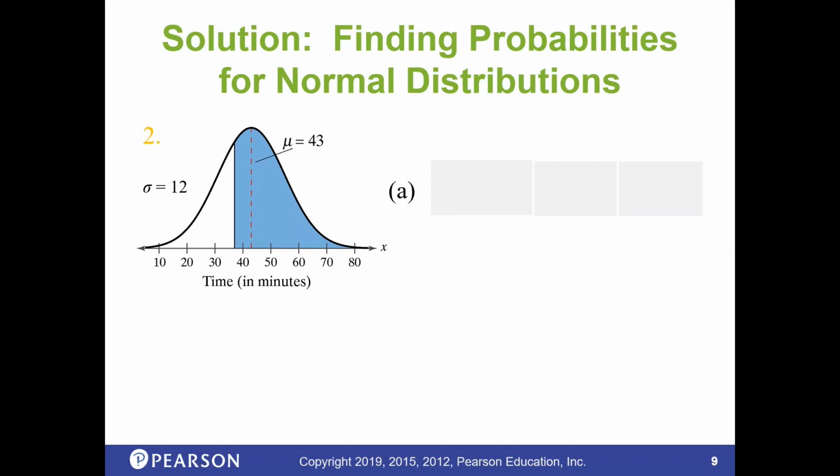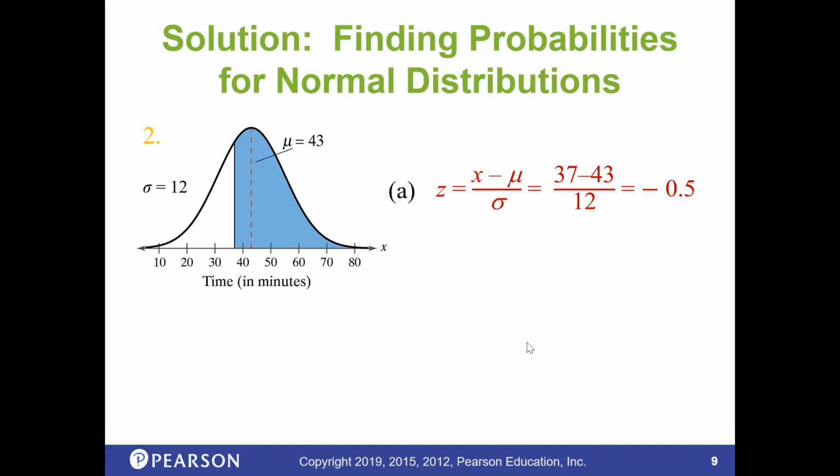And then you guys talk to me. What did 37 give you for your z-score? Cool. All right, z-score, x minus mu over standard deviation gives us 37 minus 43 over 12, about negative 0.5. Perfect. So half a standard deviation away. That's what we're looking at.